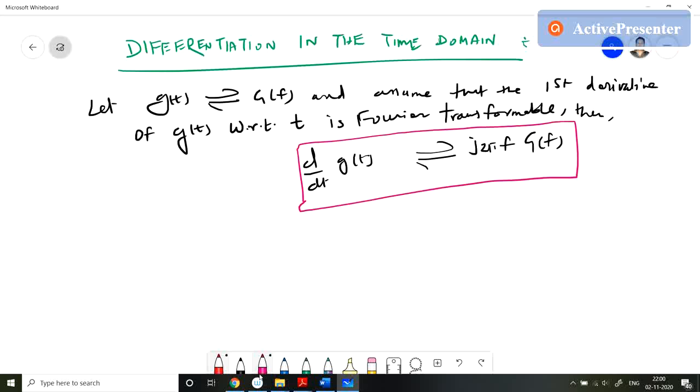So the Fourier transform of d by dt of g(t) is j 2 pi f into G(f).